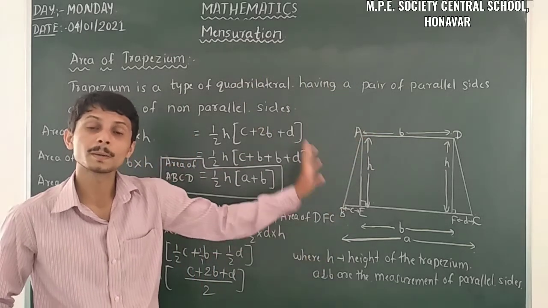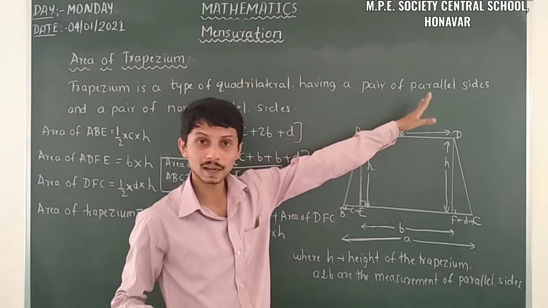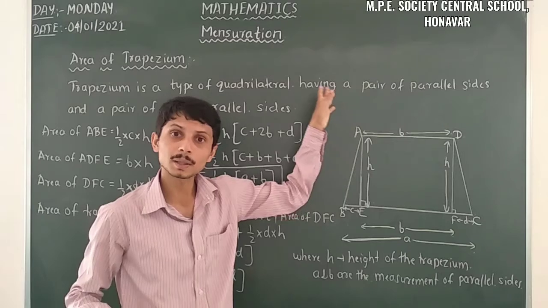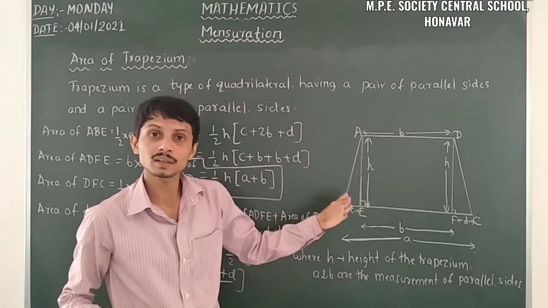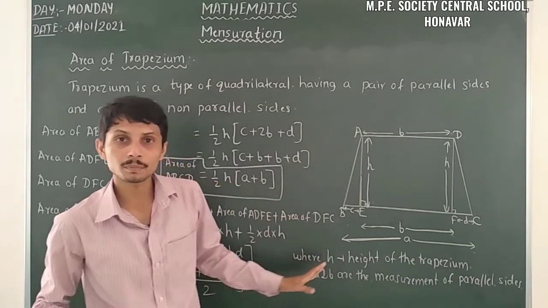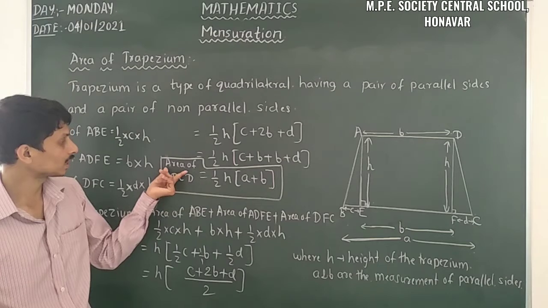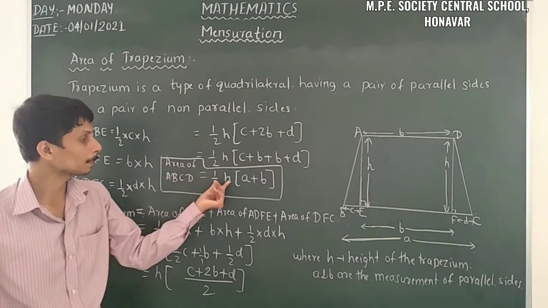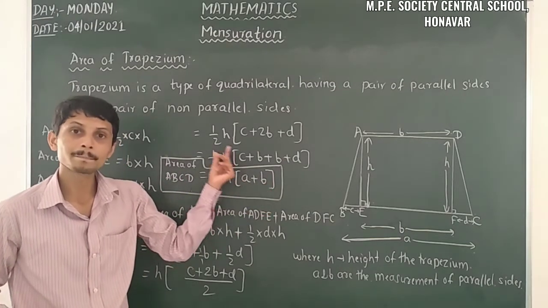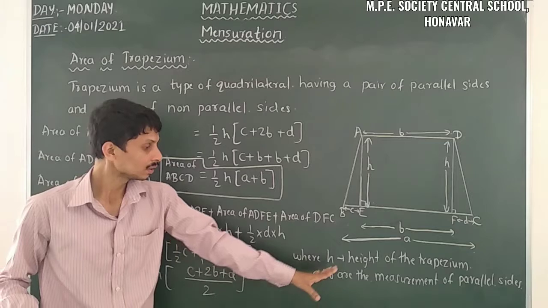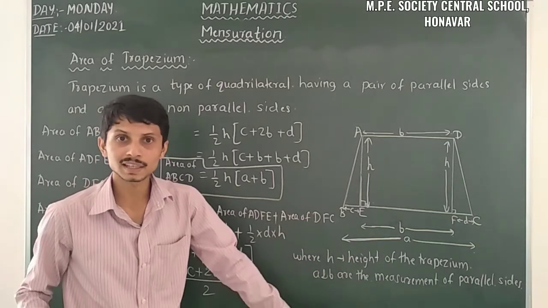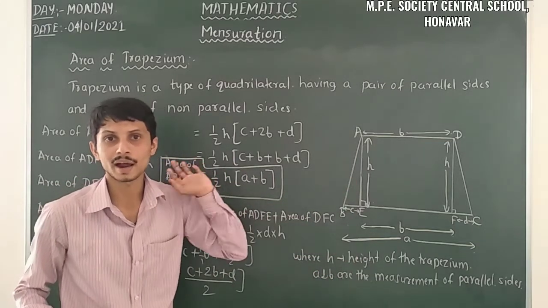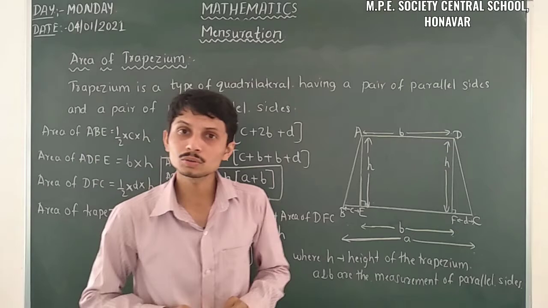When you have the measurement of the pair of parallel sides and the perpendicular height, then we can find out the area of the trapezium using this formula: area of trapezium is equal to 1 by 2 into h into A plus B, where A and B are the measurements of parallel sides and h is the perpendicular height. I hope you understood these things.